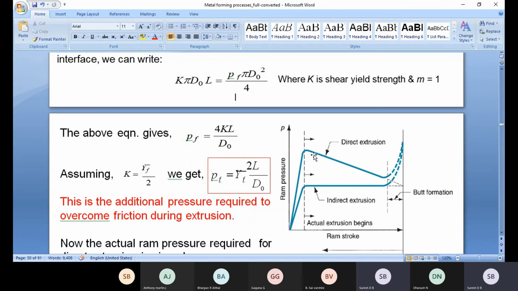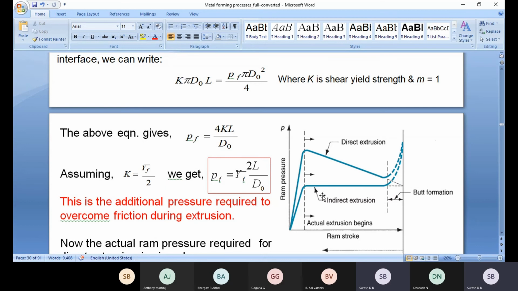Further, in the continuous extrusion operation, after applying external force or load on that material, the maximum amount of material is compressed and a small amount of material continuously moves between the two dies. At that time, the curve drops down toward the end of the extrusion process, because at the end only a small amount of material is present inside the container. At that time, a small amount of force is required to compress or extrude the material.